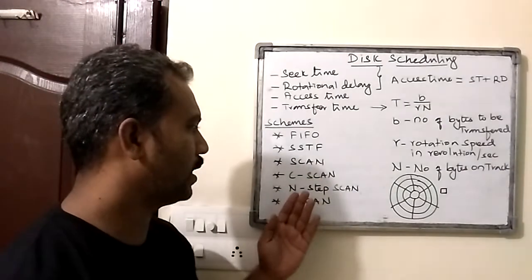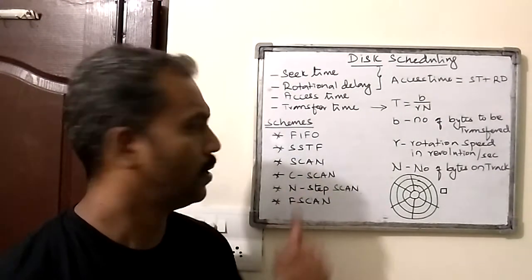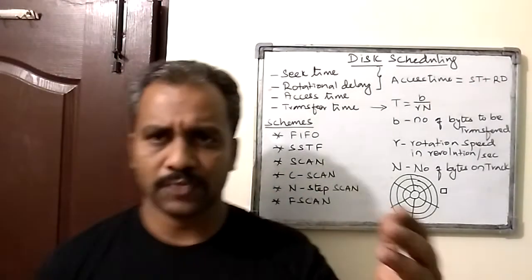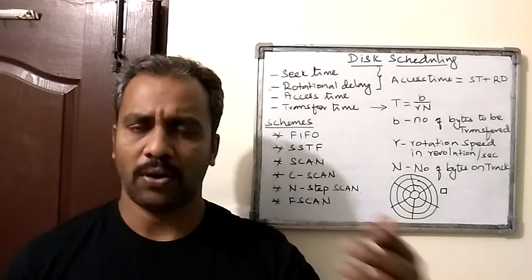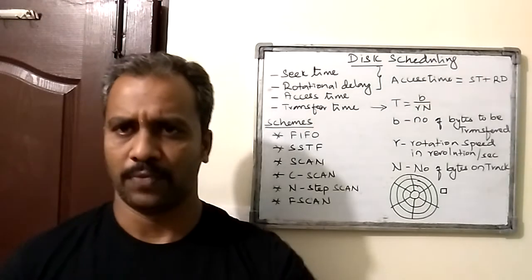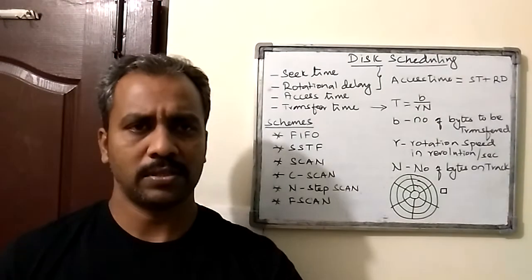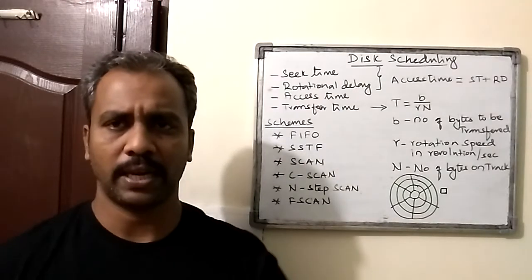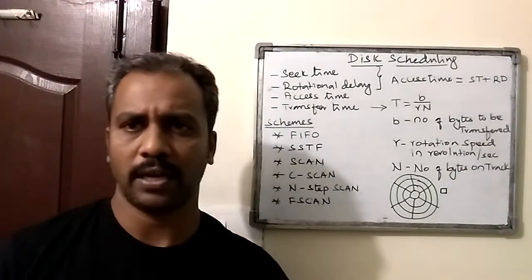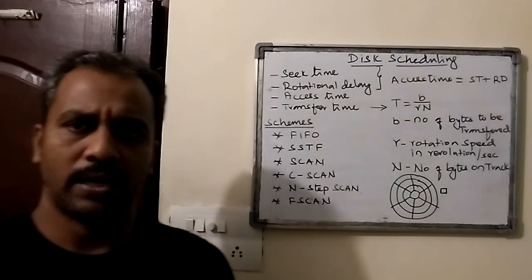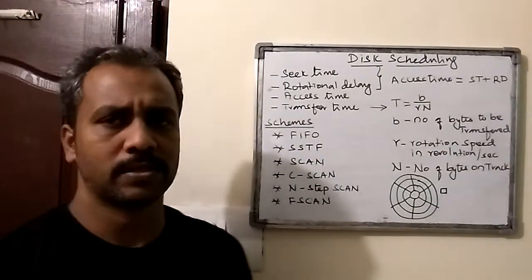In first in, first out, the requests are served in the order they arrive. Say first the processor requests block number 5, the next is 10, 100, 300, 5, 7, and so on. In the order of arrival, the same way it is served.